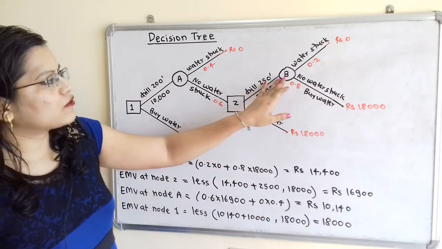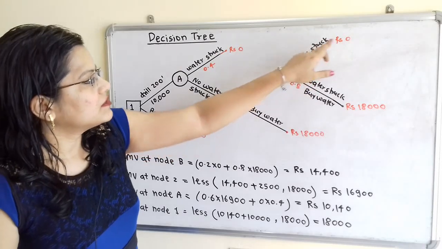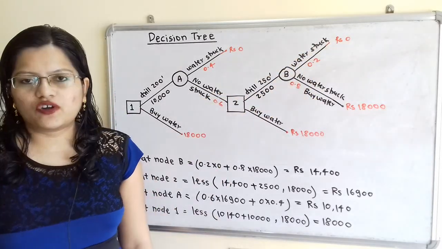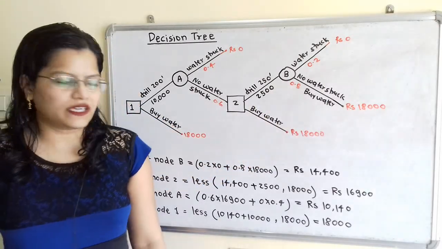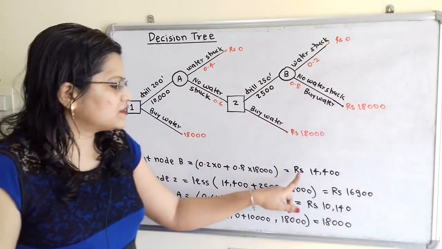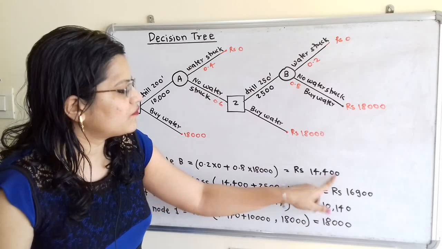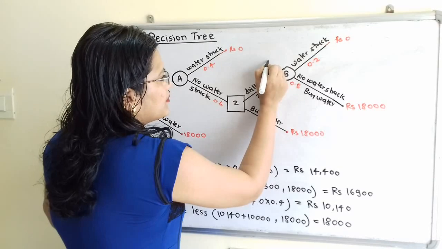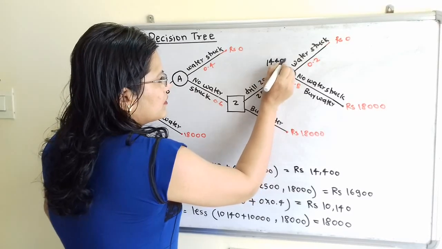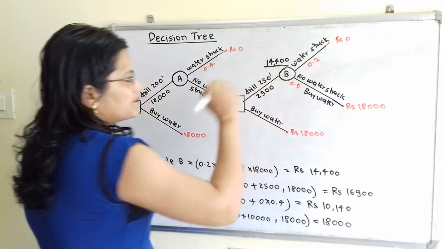We calculate 0 multiplied by 0.2 plus 18,000 multiplied by 0.8. If we calculate this, we will get 14,400. So I will mention this value here at node B, 14,400. I will underline this.